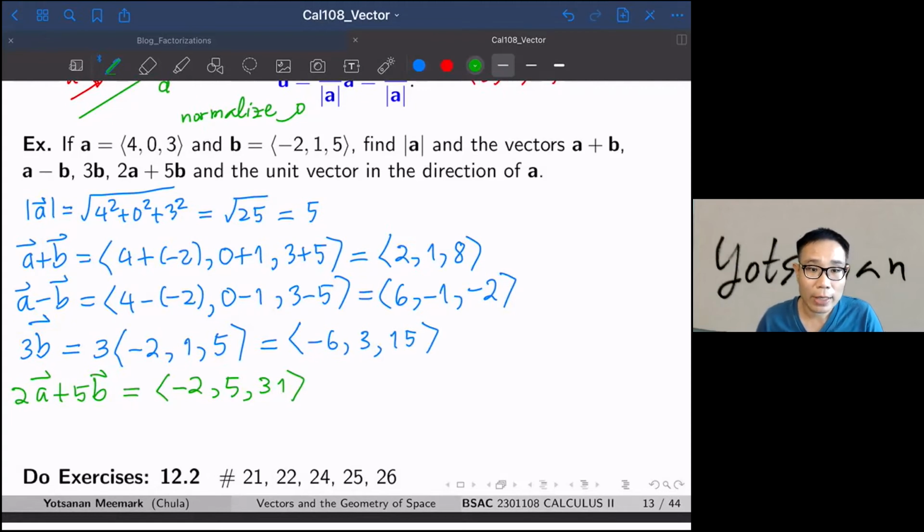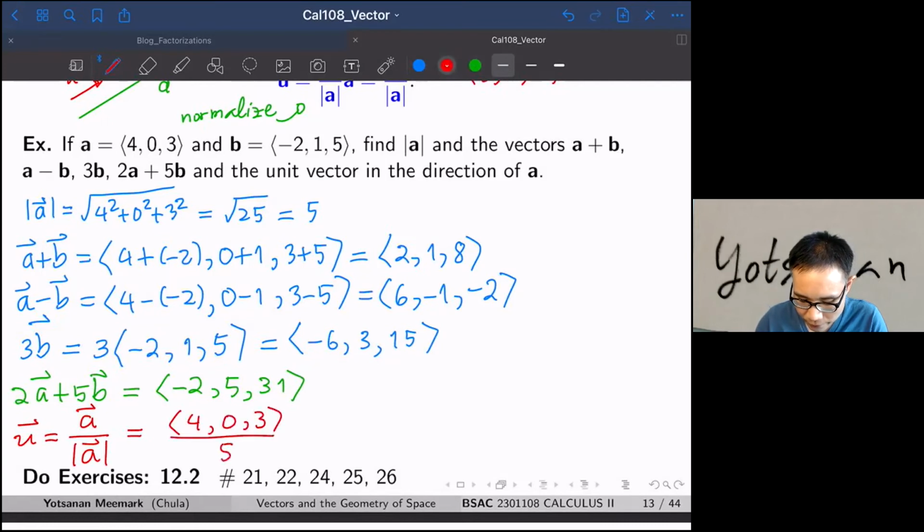And finally, we'd like to find the unit vector in the direction of A. So the unit vector U equals A over the magnitude of A. So it's <4, 0, 3> over 5, that we have found in the first one. So this is going to be <4/5, 0, 3/5>.